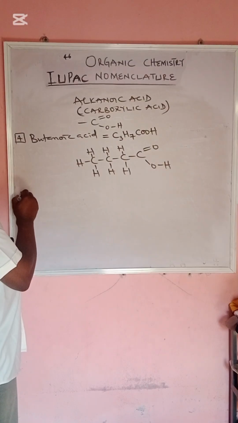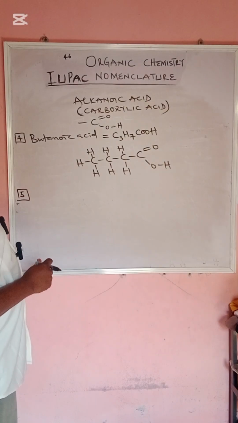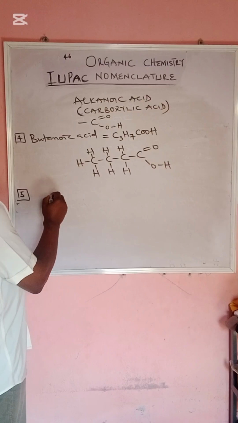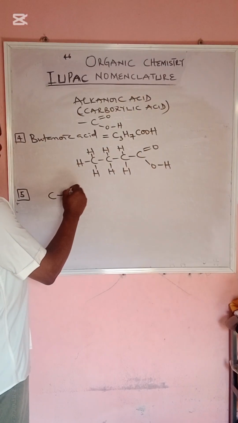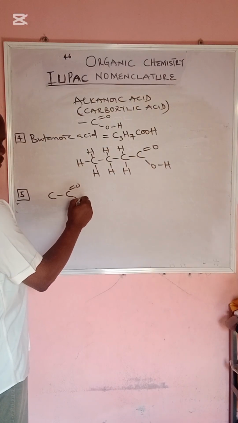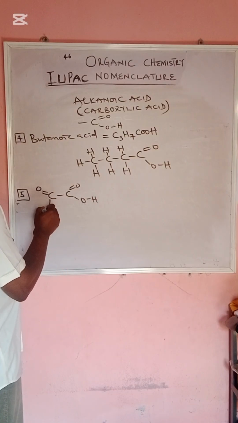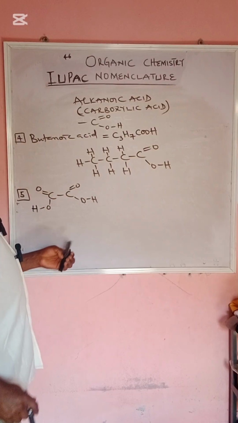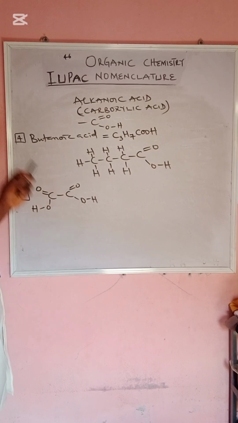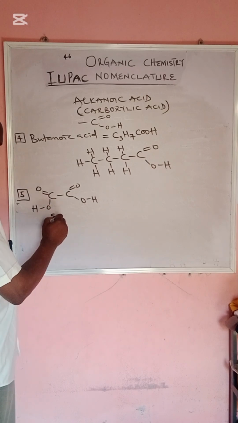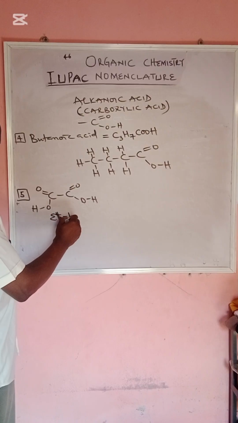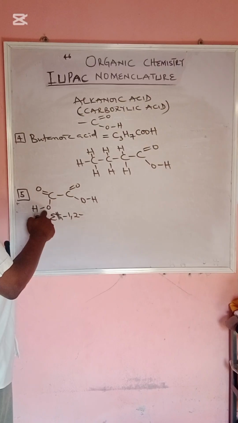So 5. So let's see. You can see the oic. The two functional groups are here. So if you want to name this, it is ethane 1,2. Oic is on carbon 1 and carbon 2.